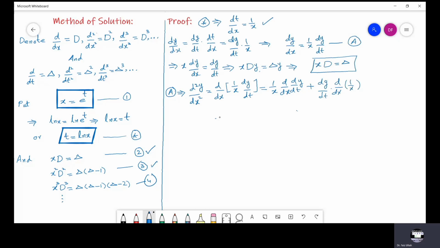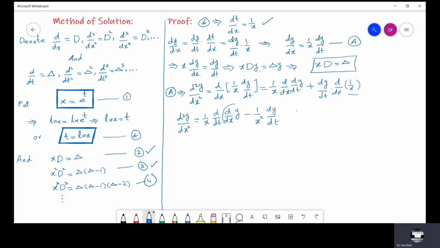which we can further simplify: d²y/dx² is equal to, we can write 1/x, just replace d/dx by d/dt of y. So we write the differentiation of 1/x, which is −1/x² dy/dt.